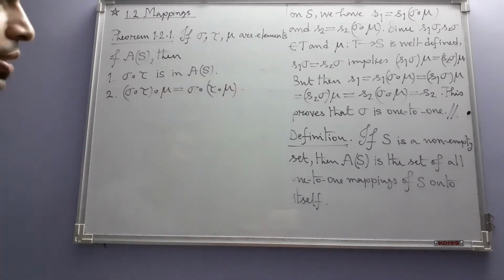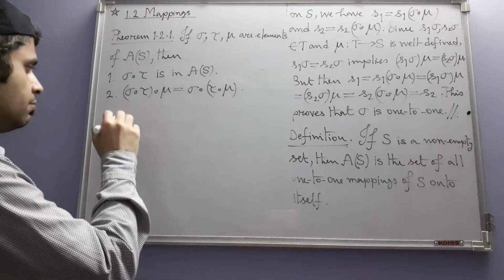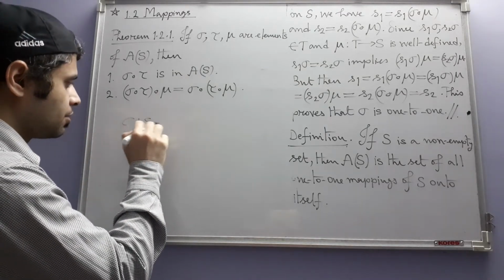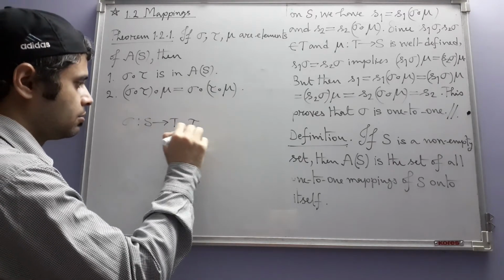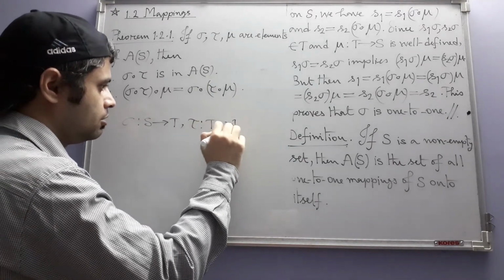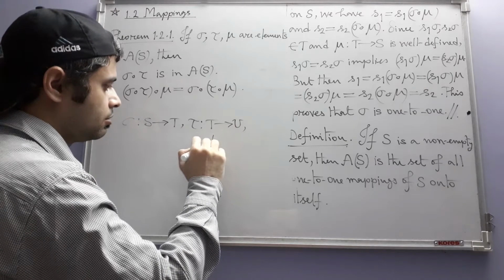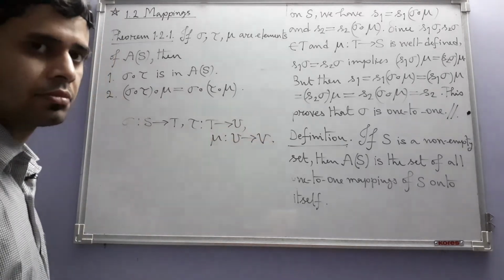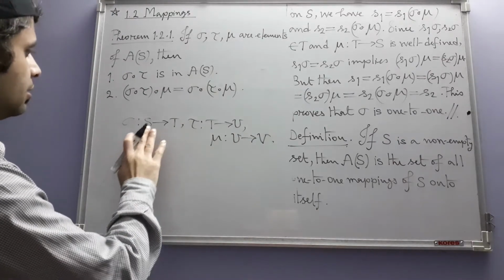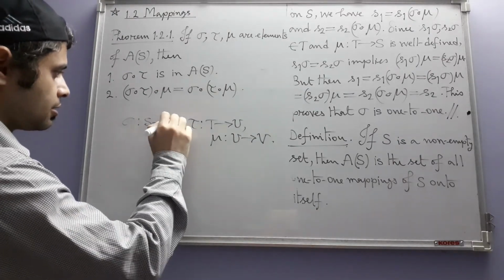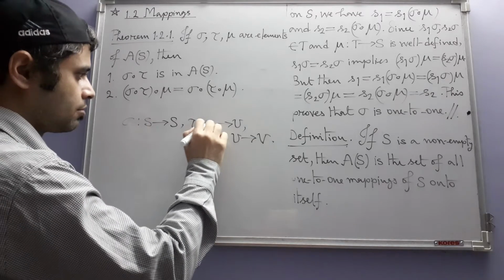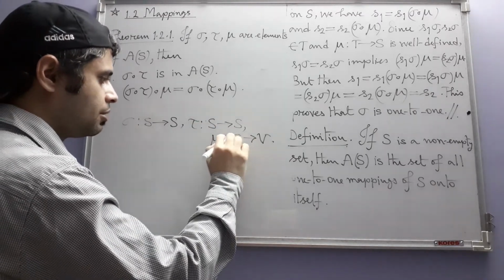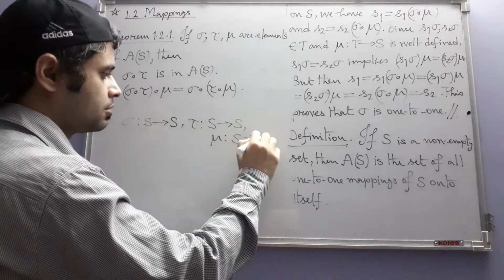Note that in the general associative law we had different sets, right, where sigma was from S to T, tau was from T to U, and mu was from U to V. Here, however, all the sets are S. So there is no problem in forming these compositions at all.